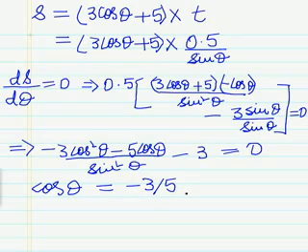So if cosine theta is minus 3 over 5, that means sine theta must be 4 over 5. That's because angle theta is obtuse, so it is in the second quadrant. Because sine theta is positive in the second quadrant as well, that's why we took the positive 4 over 5 and not the negative one.